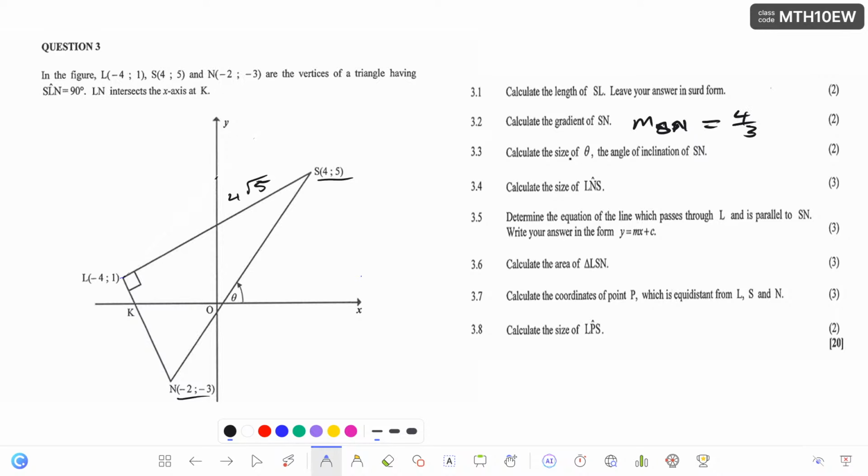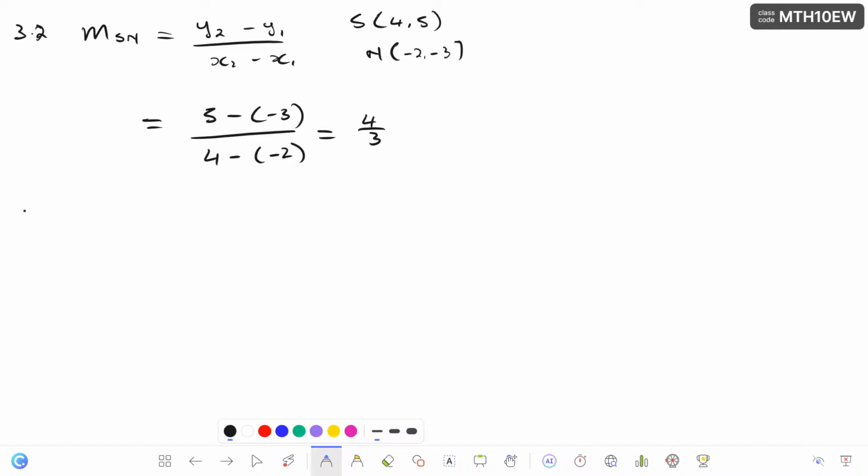So now they said calculate the angle theta, the angle of inclination of Sn. So this one, they are looking for this theta. In order to calculate this angle, we need to use the gradient, since we have the gradient. So we're going to say tan of theta is equal to the gradient of Sn, so 4/3.